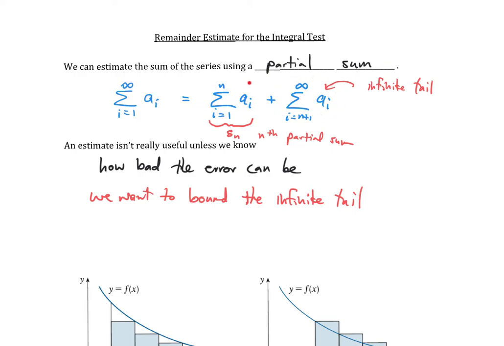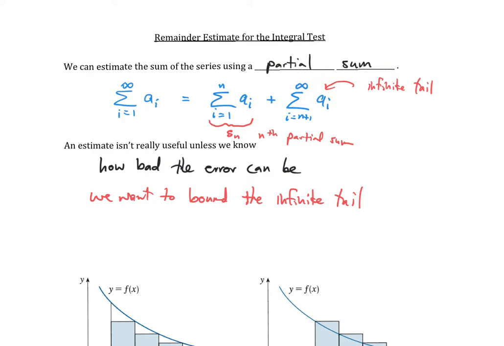The first piece is our estimate. If I can bound this infinite tail over here, then that tells me how bad the error can be, because this infinite tail represents the amount of error that we have.